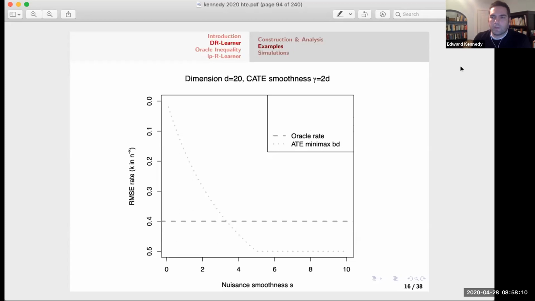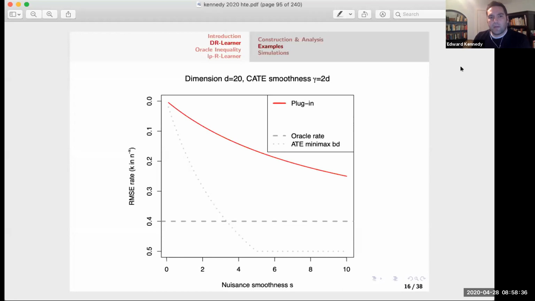Right, so here's the oracle rate. This is the rate that we would get if we actually did a regression of the potential outcomes on X. This depends only on the smoothness of the CATE itself. This is one benchmark, but we're not always going to be able to attain it. Here's the plugin estimator bound. This is the bound that you get from estimating the regression functions individually.